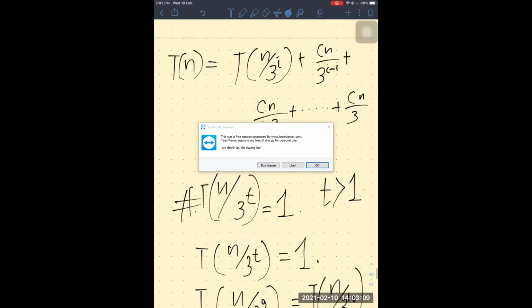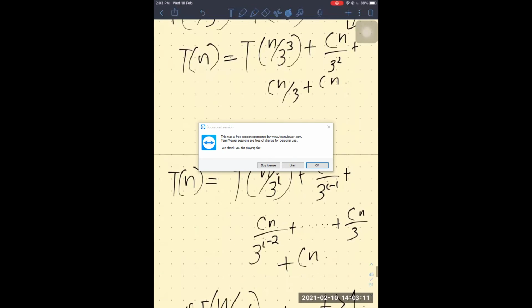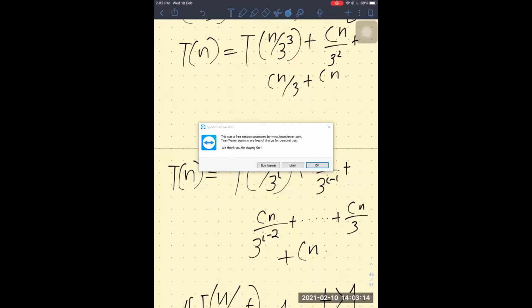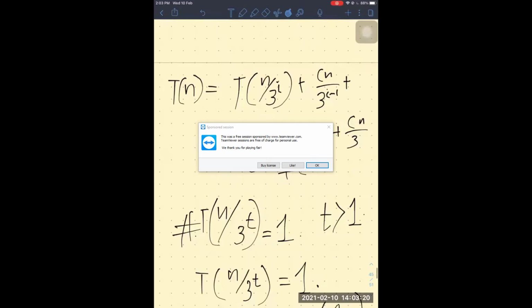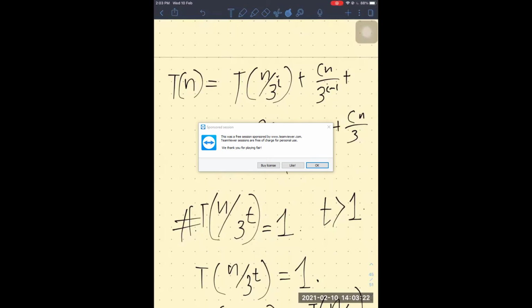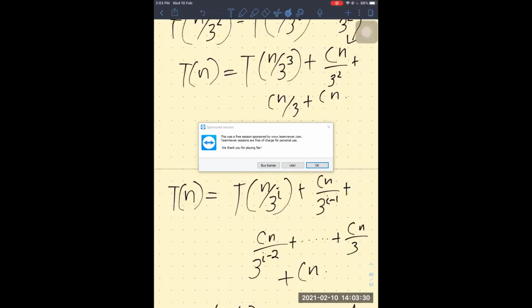I thought it was 1. No, t is not 1. T is some value for which T of n divided by 3 to the power t is equal to 1. As you can see, this term is increasing as we are progressing through the iterations.